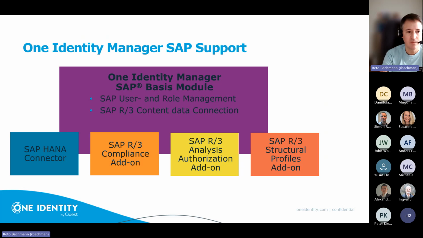And then we have different add-ons like the SAP HANA connector, the compliance add-on, which is also used for the SOD part, the analyze authorization add-on for the transactions and authorization objects, and the structural profile add-on, which is an option for the HR data. On the HR side, you can have the so-called structural profile add-on. I have also some slides on this later, but these are the topics where we can provide support for SAP, and we can integrate with SAP systems.